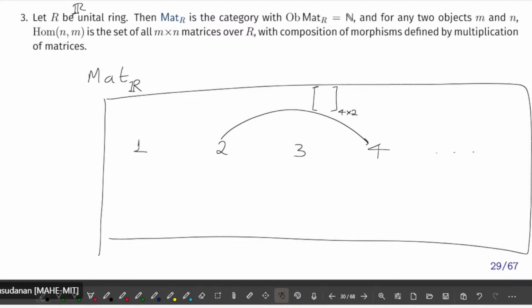A morphism from N to M is an M by N matrix over the ring R. In this case, real matrices considered as a morphism. You are not surprised.